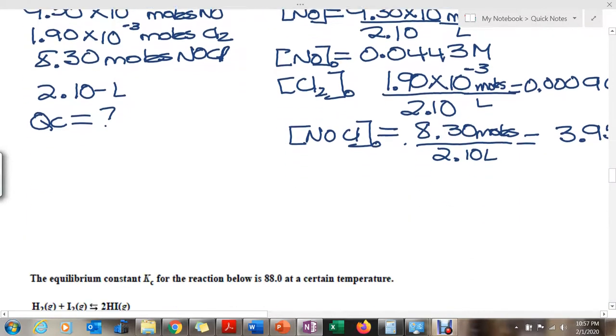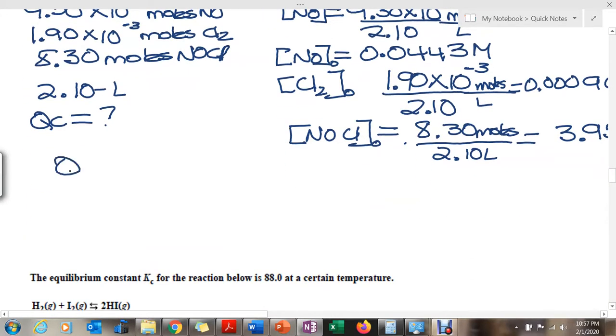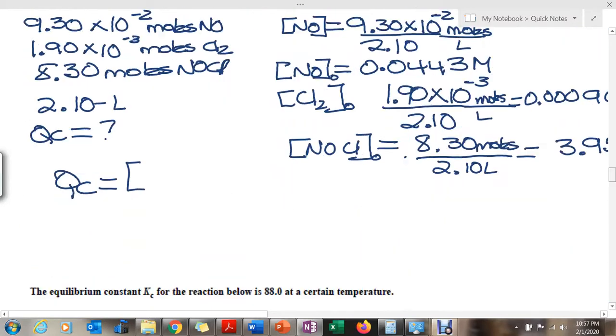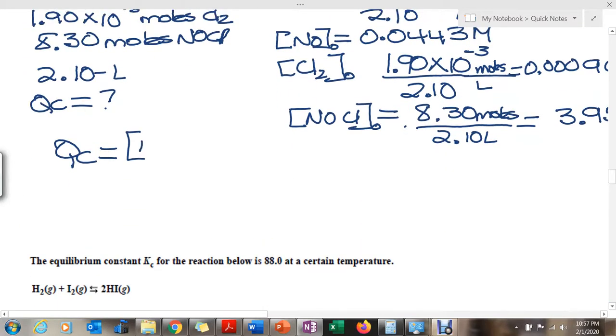Qc is equal to the concentration of the products, NOCl gas, squared, the same thing as the K. But the difference is that Q is for non-equilibrium.